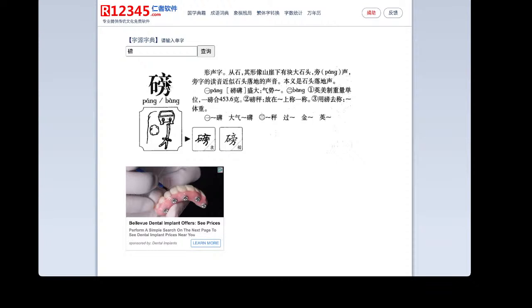Now on the right hand side is the word 旁. 旁 here refers to sound. 旁 means on the side. So this character has another meaning.